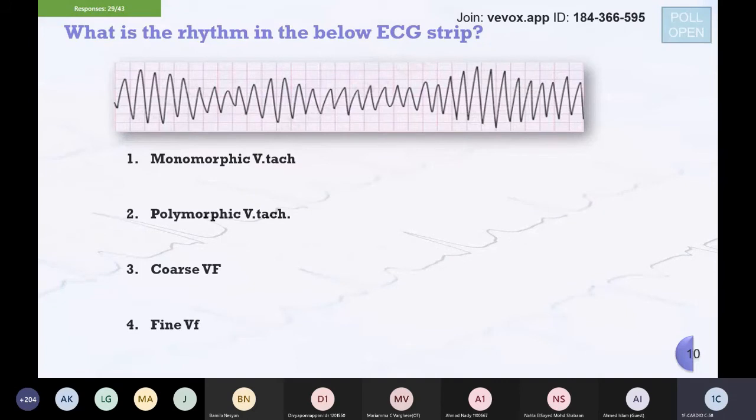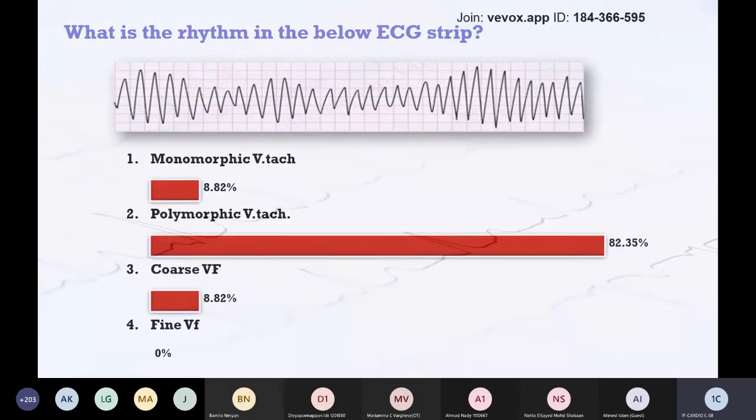Let's see. We have 2 seconds left. Time is up. Polymorphic ventricular tachycardia. Guys, you are now better than me in ECG. So 82% said polymorphic tachycardia, which is the correct answer here.